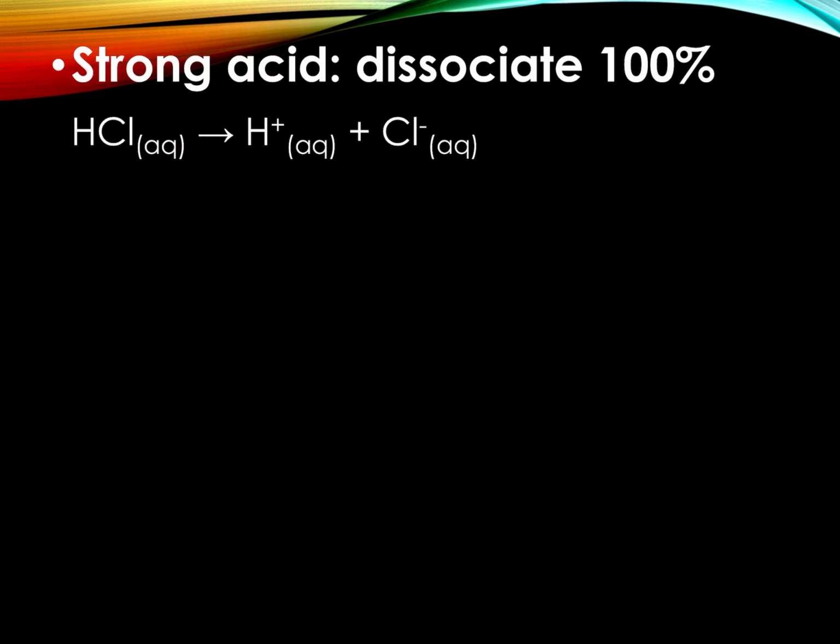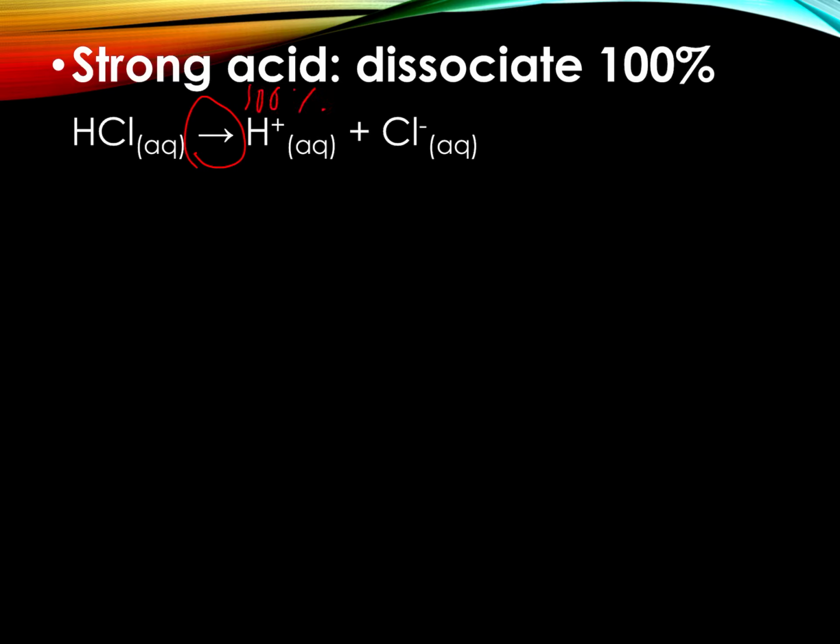I think I said this in the other video. I've never actually seen solid hydrogen chloride. So it 100% dissociates into hydrogen ions and chloride ions. So you can see here, this is not an equilibrium arrow.